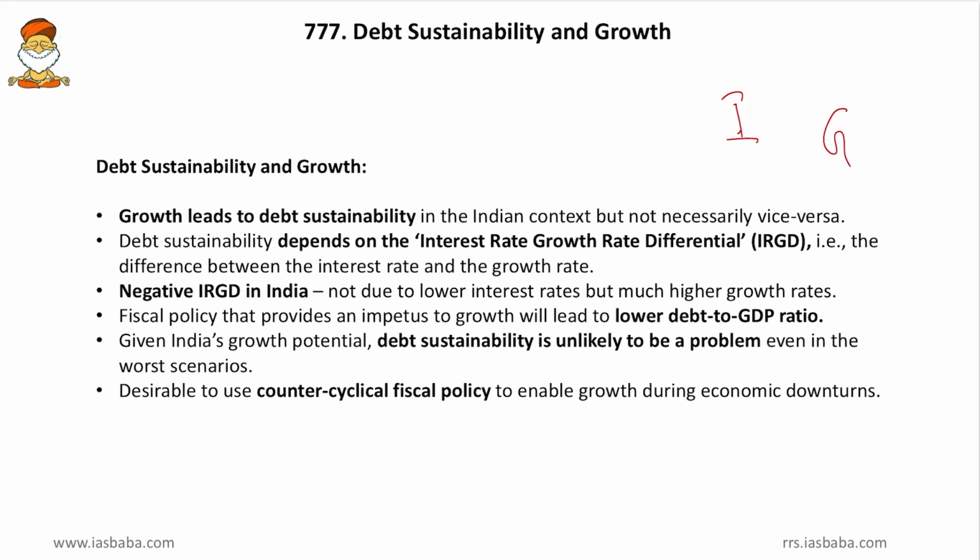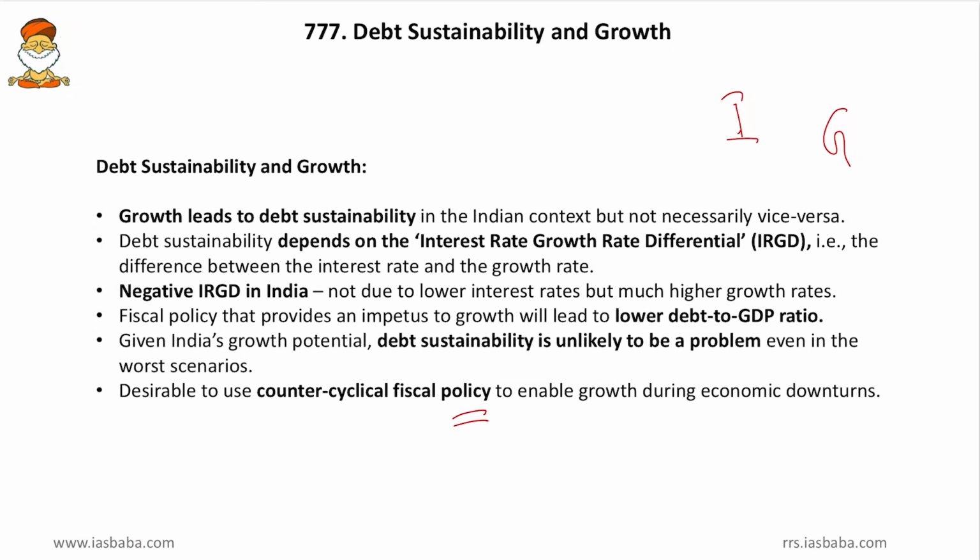So even during the pandemic, if you spend sufficiently and take debt, that will not be a problem because we can repay the debt in time. The Economic Survey says that it is essential to take debt and spend generously during the pandemic so that we can recover and come out of the situation as soon as possible. It also says that counter-cyclical fiscal policy is the need of the hour.